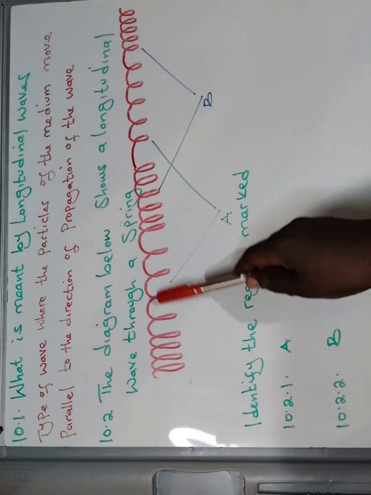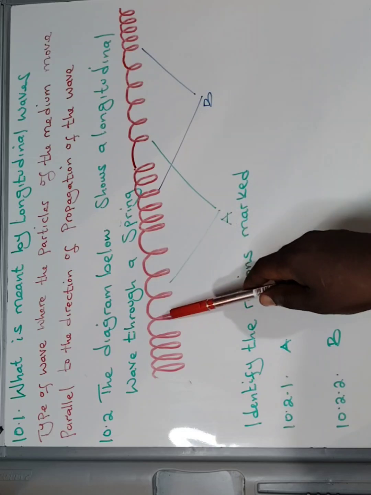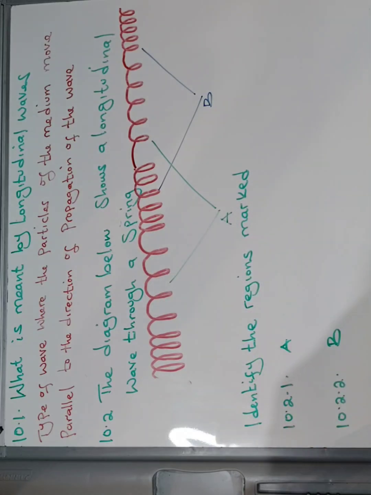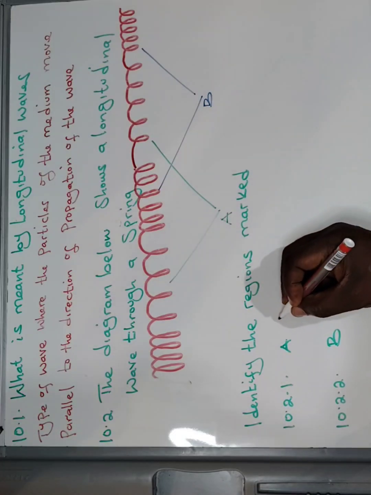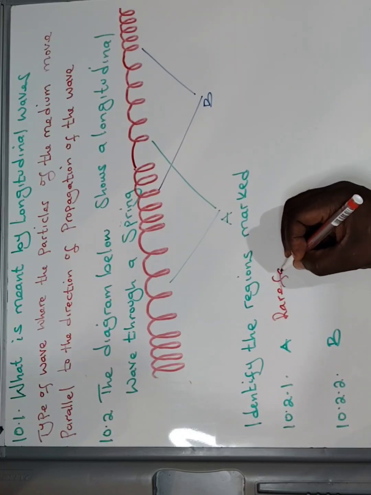You have to remember that these regions have low pressure. The spring coils are further apart. So what do you call that one? We call it rarefaction.